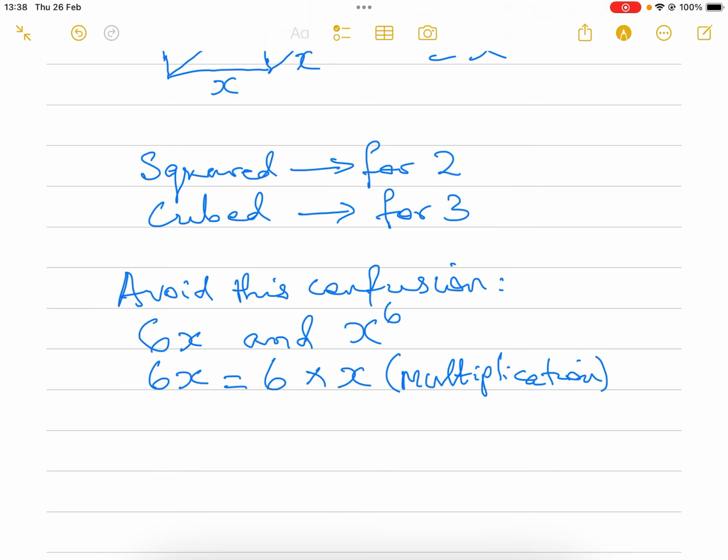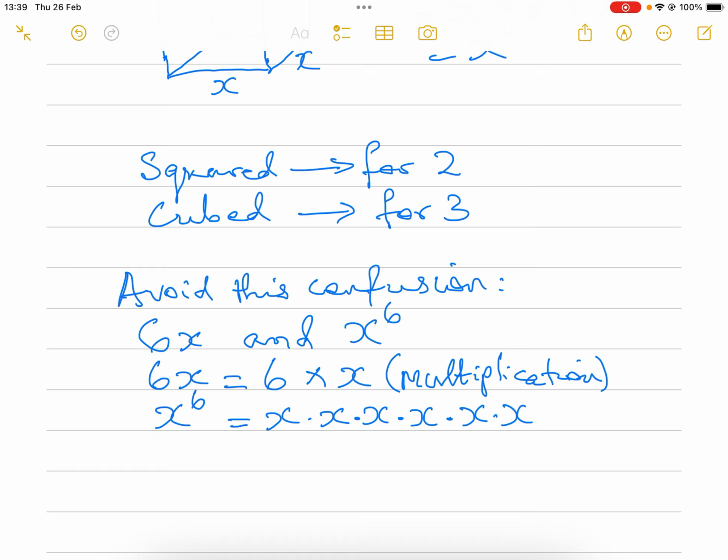That is multiplication. But x raised to power 6 is equal to x multiply x multiply x multiply x multiply x multiply x.